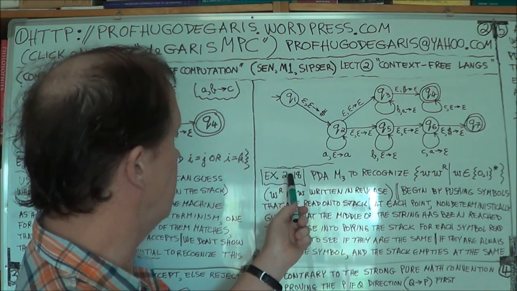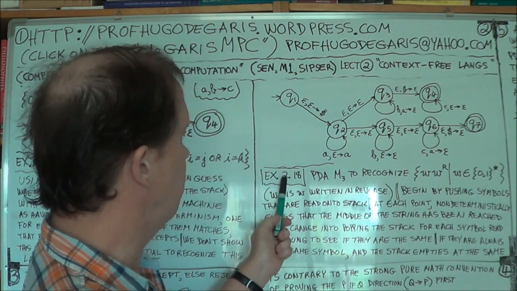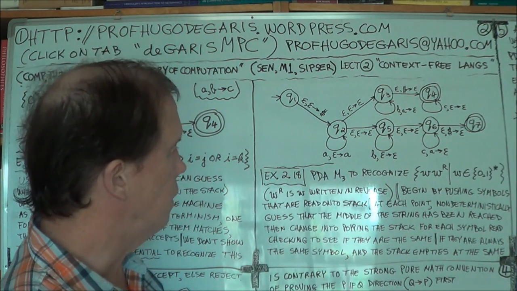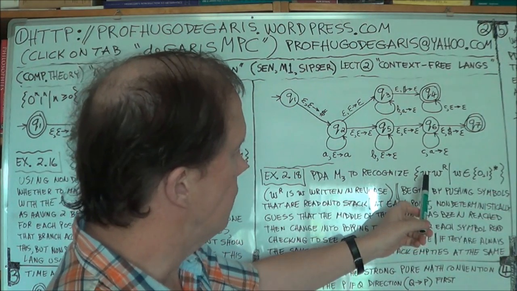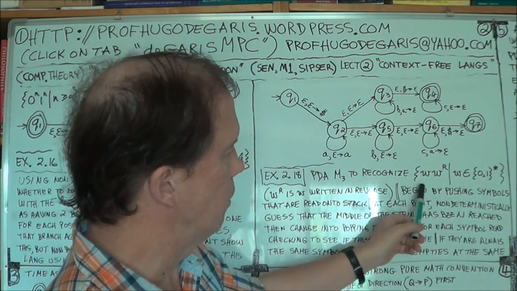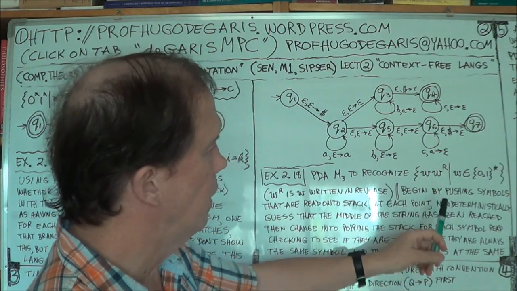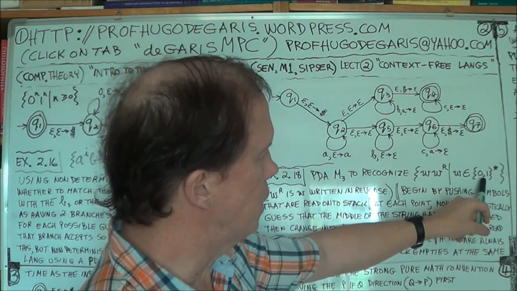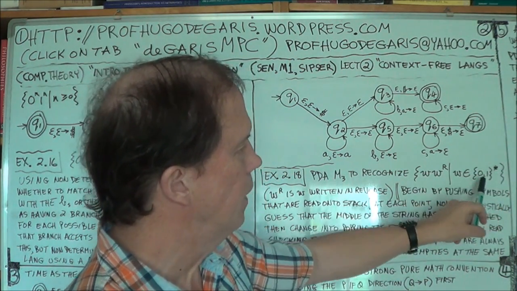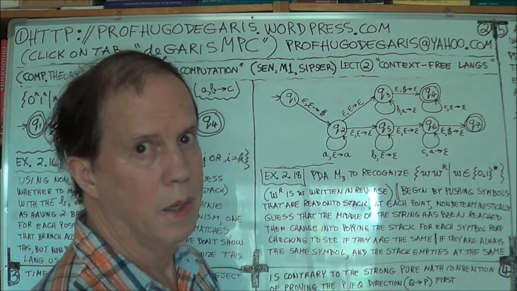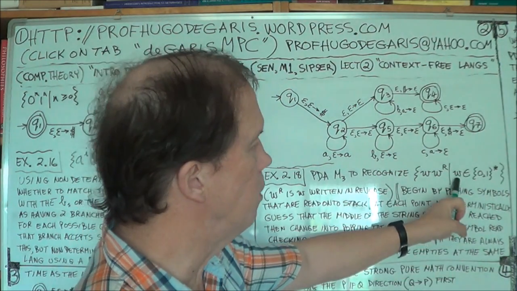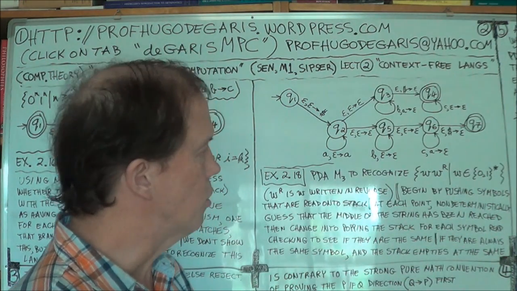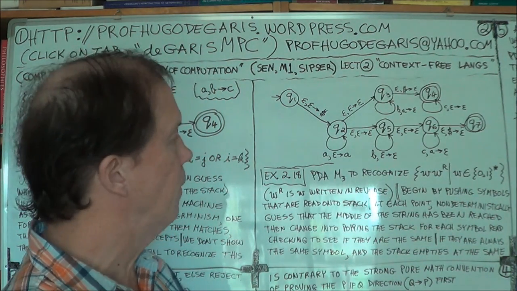Next example. So example 2.18 in the text. You're asked to find a PDA that recognizes the following language of these strings, where W is a star, so it's just an arbitrary binary string of any length. Okay, so W is any length binary string, zeros and ones.